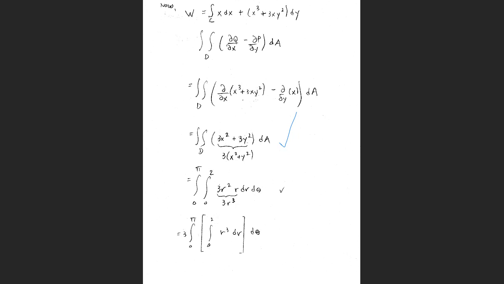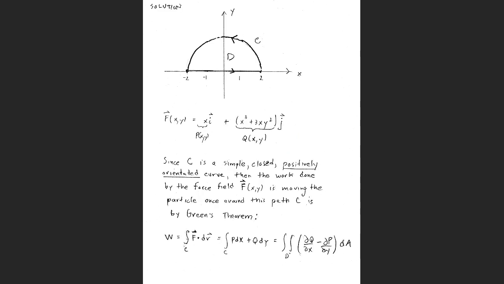Because we had a semicircle, half a circle, normally when you have a circle or half a circle or a quarter of a circle, polar coordinates will be easier. And so here's my region D right here. It's encased by a semicircle of radius 2.